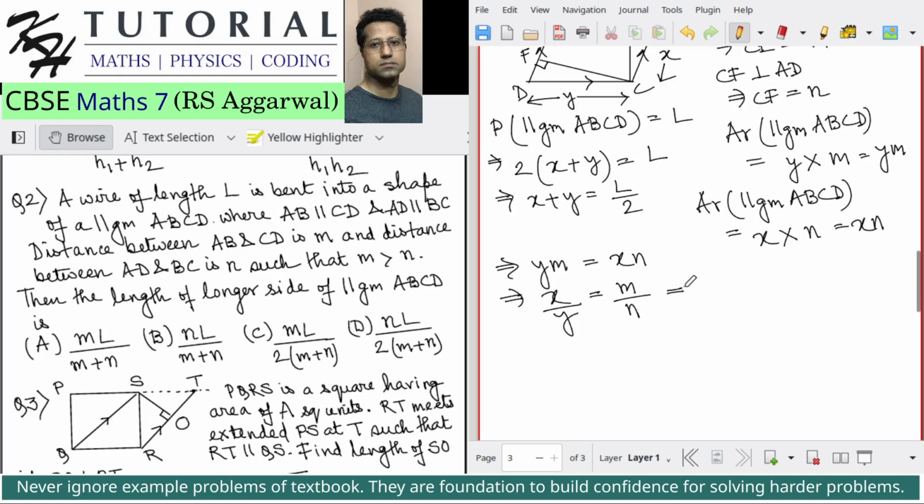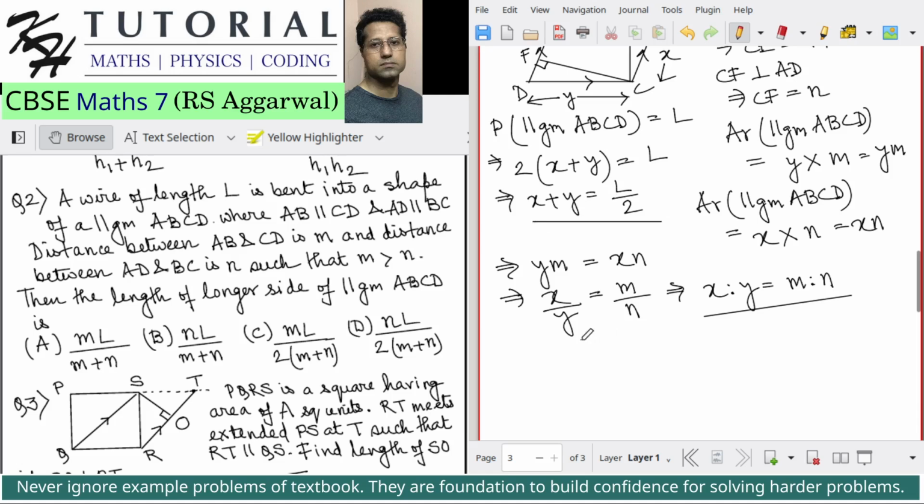So X is to Y is equal to M is to N, and X plus Y is equal to L by 2.